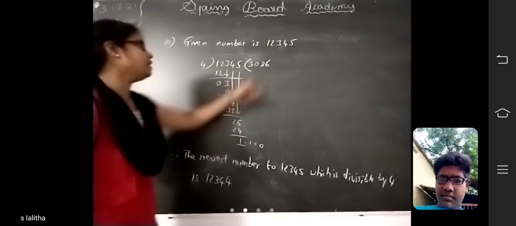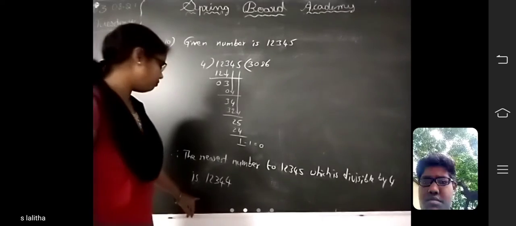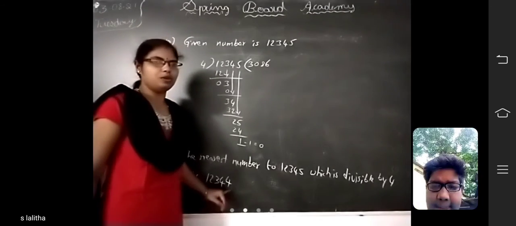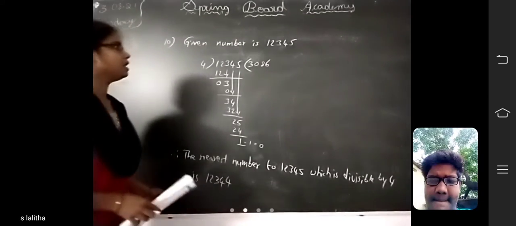We subtract 1 from this and we get the exactly divisible number. So 12,344 is the nearest number. Okay, right.